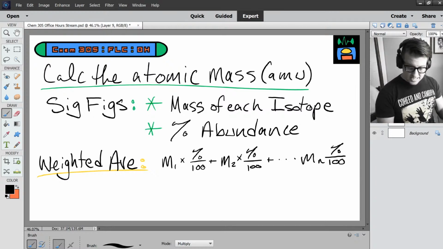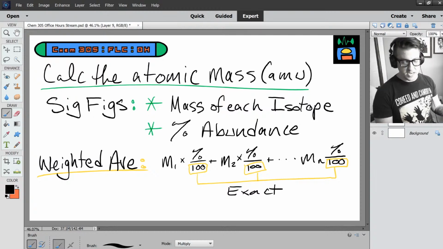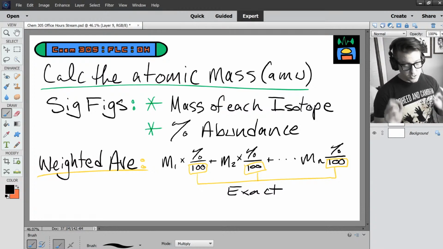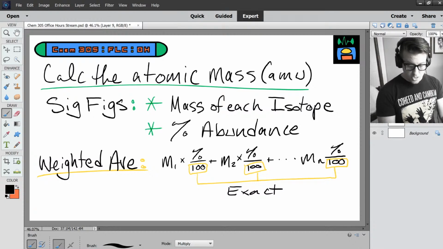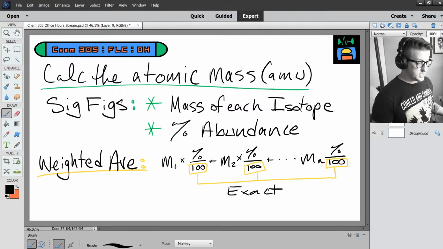These 100s in the denominator are exact, because they're based off the definition of a percentage. To convert a percentage to a decimal, you divide by 100. Since they're not measured, you don't take them into consideration when calculating your sig figs.